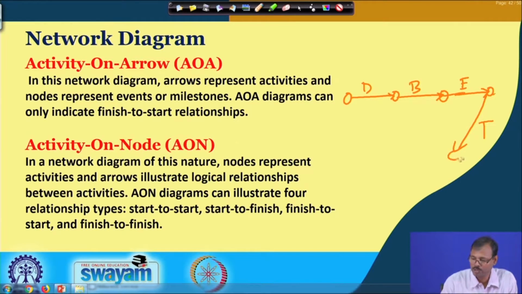This is the starting point, this is the ending point, and these are the nodes 1, 2, 3.